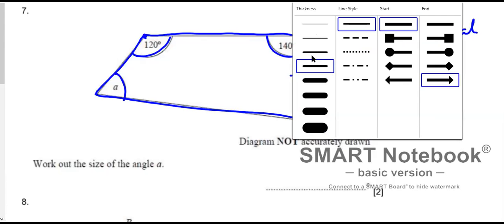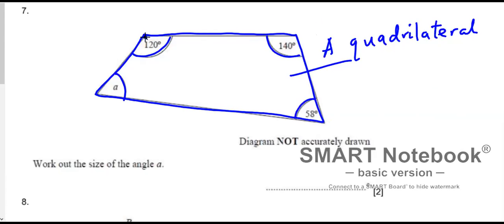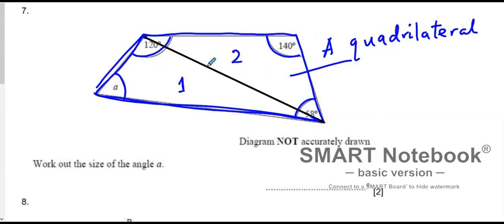Remember what I said? Angles in a triangle add up to 180 degrees. So how many triangles do we have in a quadrilateral? We have 2 triangles. We have the first triangle somewhere here, and we'll have the second triangle somewhere there.